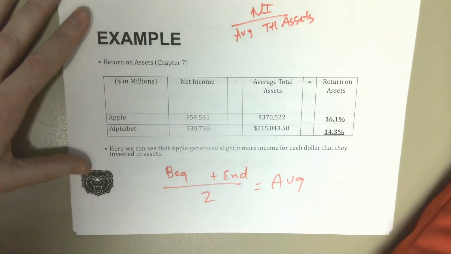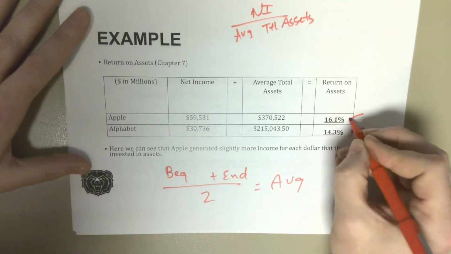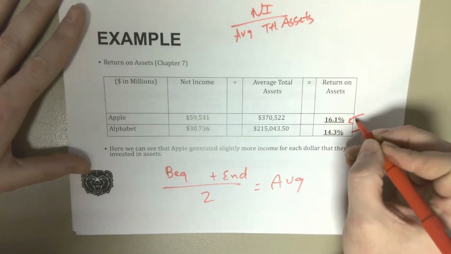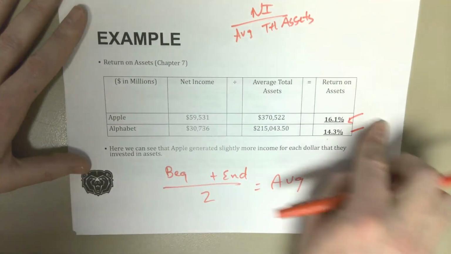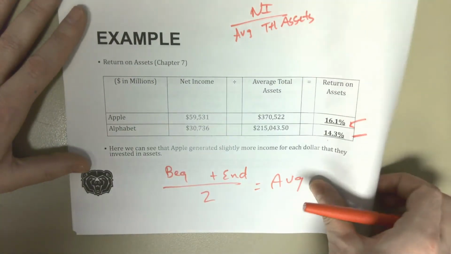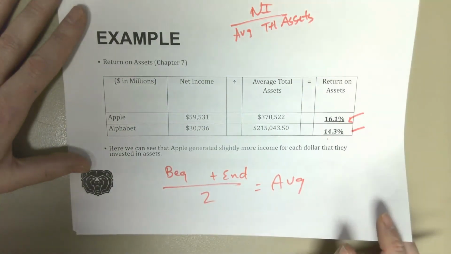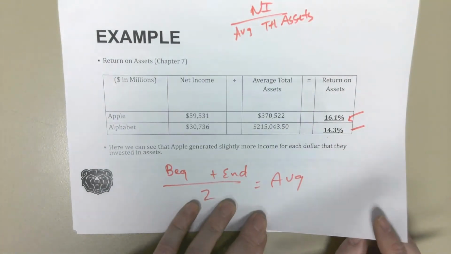Okay. So you see here, we're getting a return on our investment in assets of 16.1 cents per dollar and 14.3 cents per dollar. So here, just looking at this one ratio, it would kind of look like Apple is maybe outperforming or more efficiently handling their investments in assets to help them generate some income.